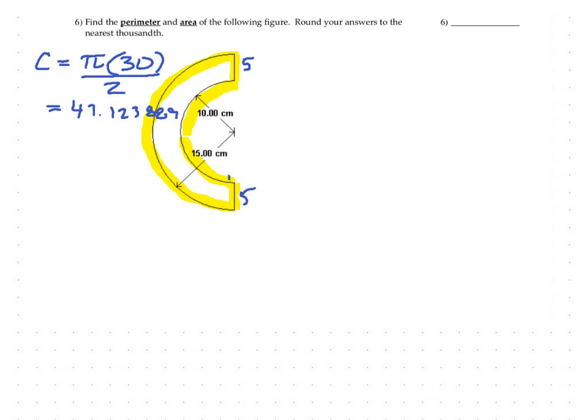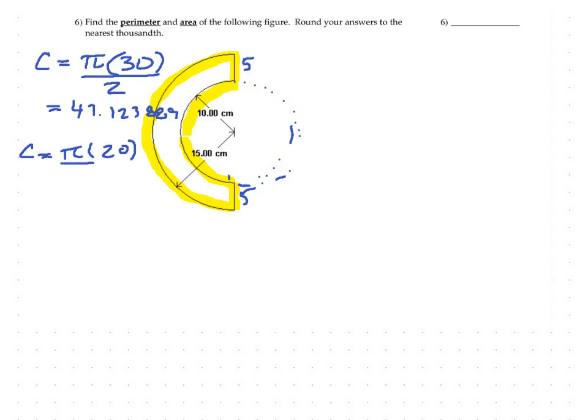The circumference of the inside semicircle is going to be pi times the diameter of the inside circle. If you need to see it, you can sketch it out. But if the radius is 10, the diameter would be 20. Double.